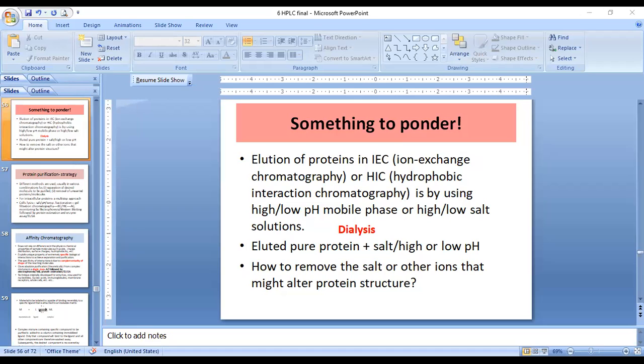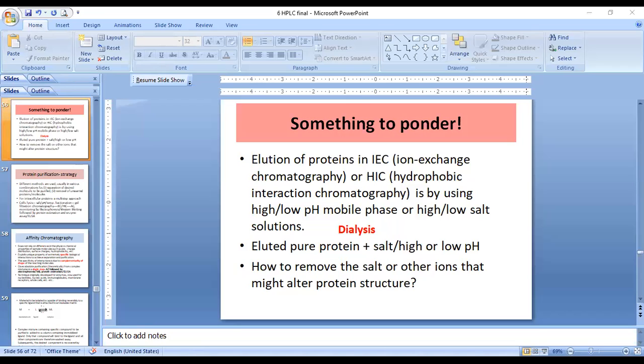Now the question is, if it is a high salt concentration, or if the pH is too acidic or too alkaline for a certain protein, is it possible that it will damage or denature the protein? Because if we keep that protein for a long time under those conditions, the protein structure is going to be altered, isn't it? Yes or no? Yes, sir.